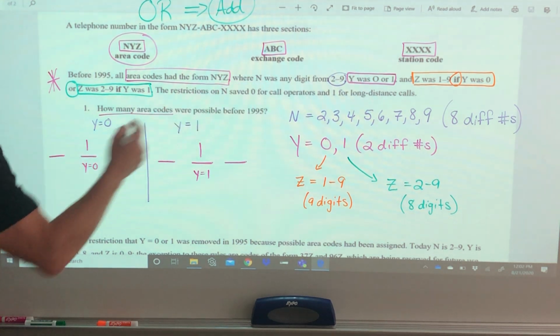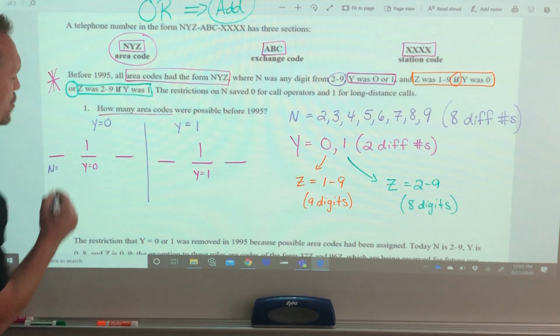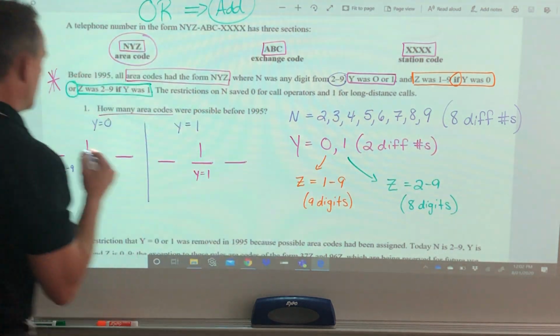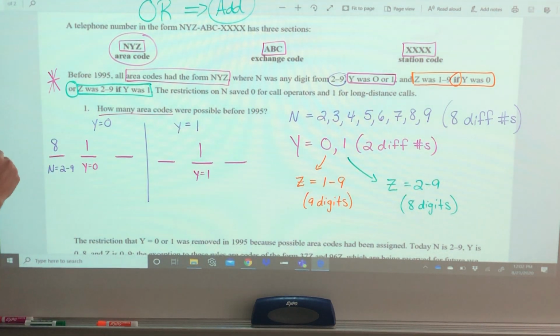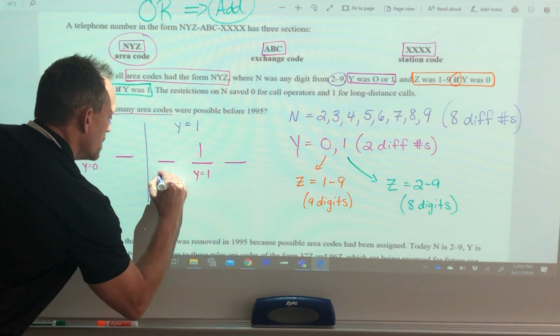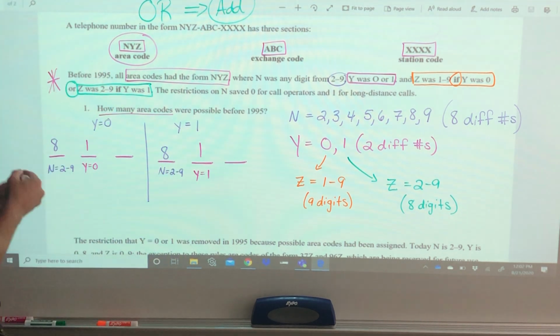If my N could be 2 through 9, that's 8 different numbers. If my N doesn't change, 2 through 9, still 8 different numbers.